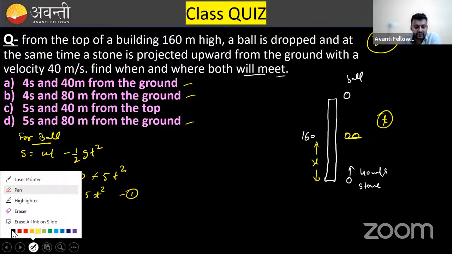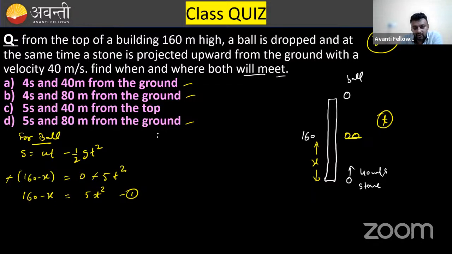Now if I write the same equation for the stone, again I am using S equals ut minus half gt square. What is the displacement of the particle? Can you answer? Final position is above. That means displacement is positive. So that is X. Initial velocity is 40, so 40t minus 5t square.